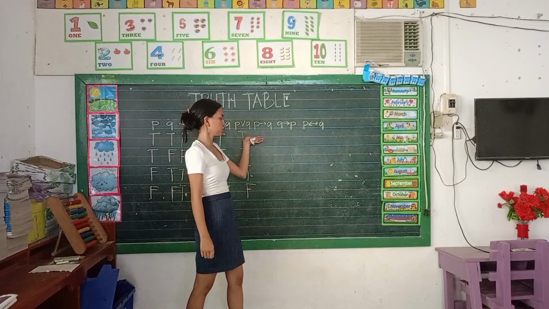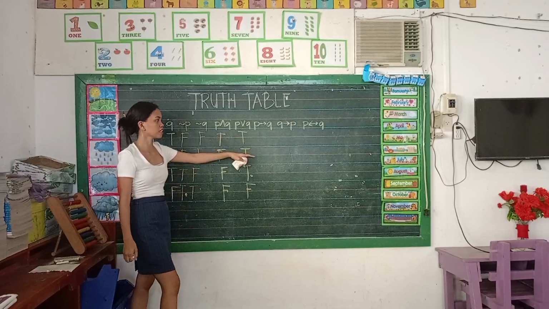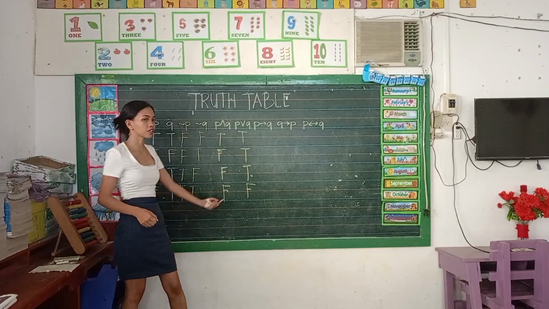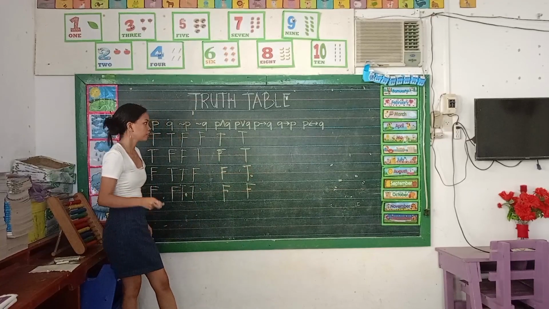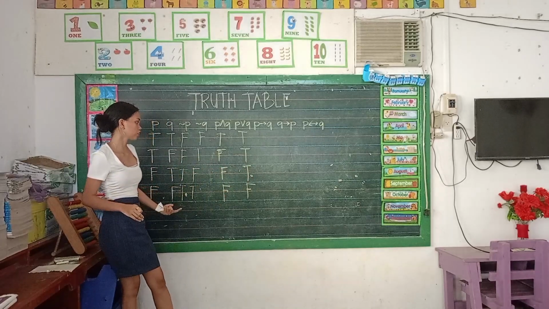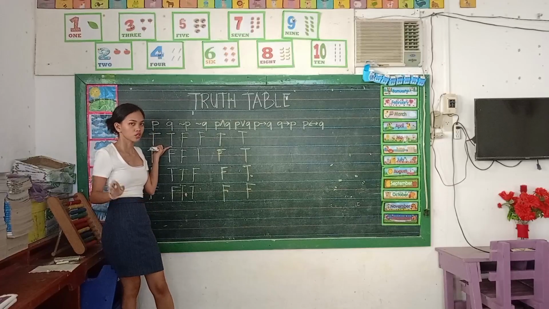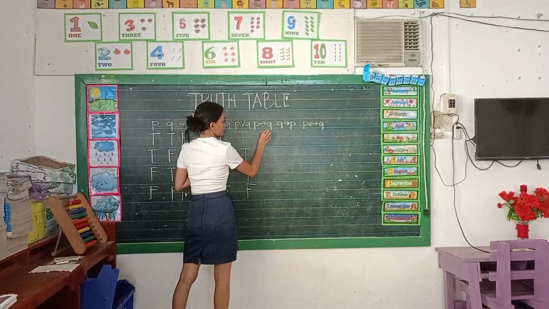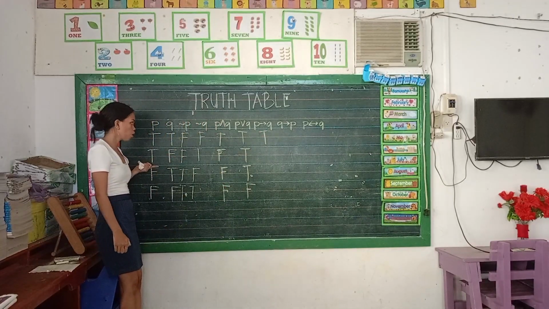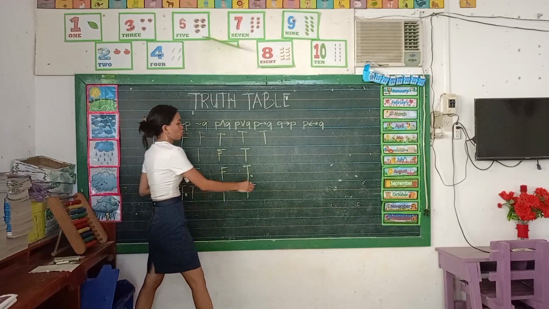So, next is conditional. In conditional, if both statements have the same truth value, therefore the result is true. And also, if the second statement in the conditional is true, the result is still true. For example, P and Q are both true. Therefore, the result in conditional is true. And if P, the first statement, is false, and Q, the second statement, is false, the result will be true.